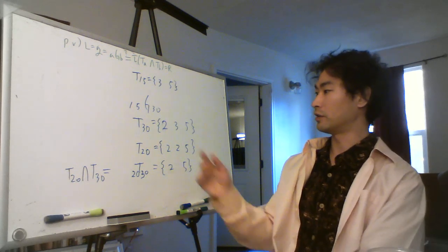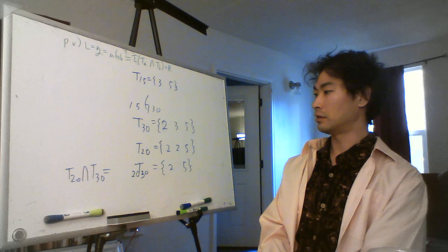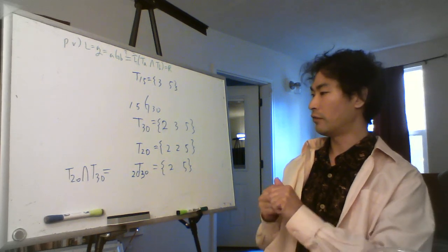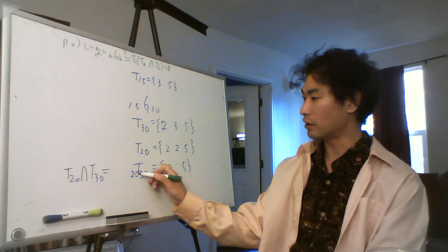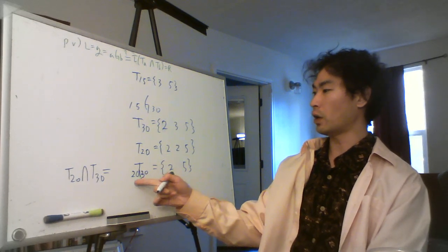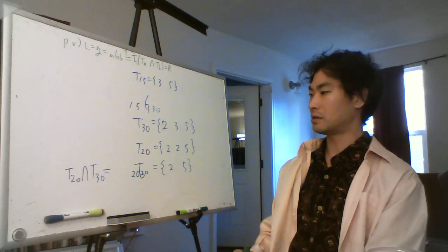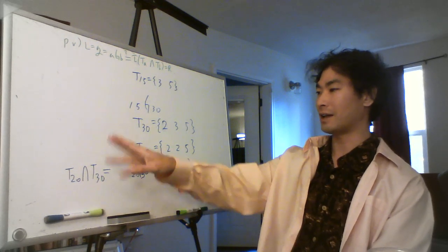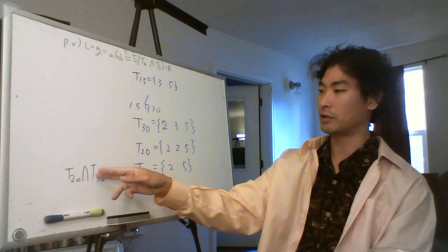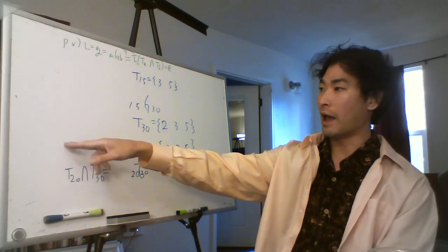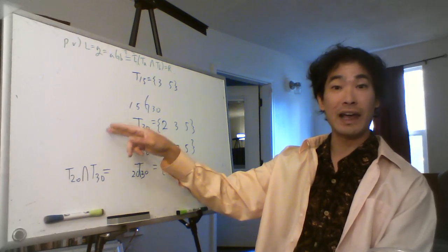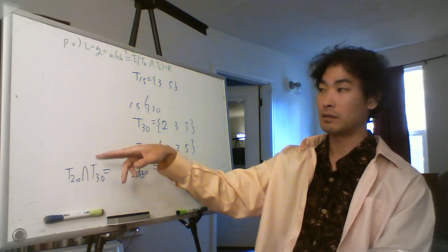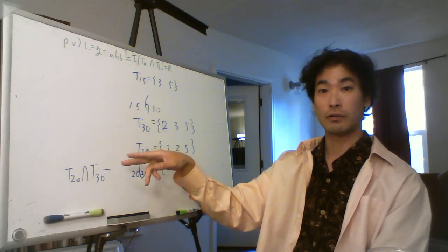Yeah, let's just learn this. At least we came up with a very economically efficient, very economic notational convention, right? T20 intersection T30. It's like you're factoring out common element T, just like A times B plus A times C. You factor it, right? It's A open paren, B plus C close paren, right?